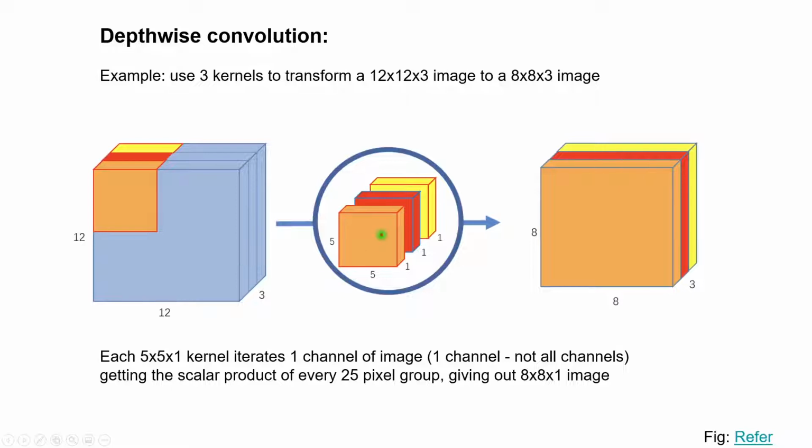The first channel you see orange, for the second channel you see the kernel which is applied and what its output is, and the third one is yellow. In this example it is a 12 by 12 matrix, and if you have a 5 by 5 by 1 kernel, you'll end up with 5 pixels here, and the same will be done for the other two channels.